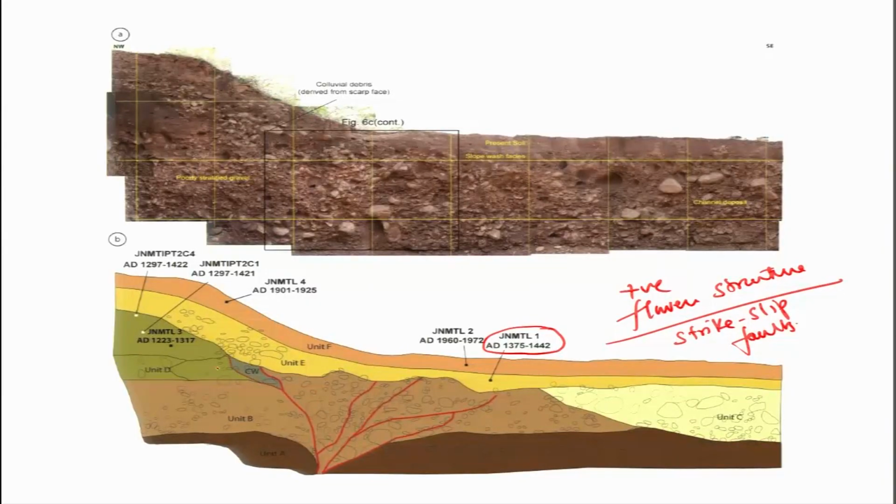Okay, so what we got was the age here, that is of this unit, because this unit was also disturbed, but the fault did not rupture or fracture this unit, that is unit E. So we took the age of this unit D. Hence we can bracket the event and say that this earthquake which ruptured or deformed the sediments occurred somewhere between AD 1223 and AD 1375, or we can say 1442.